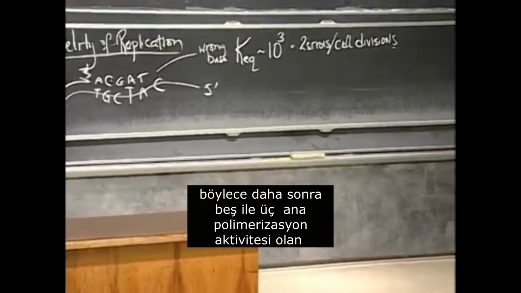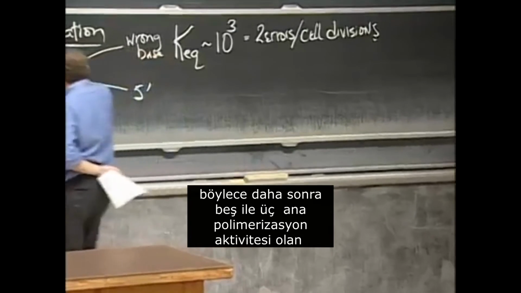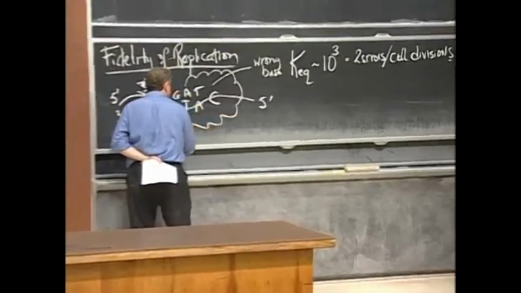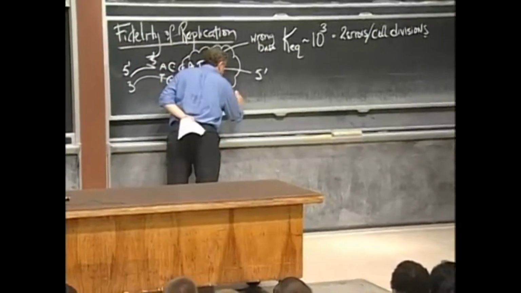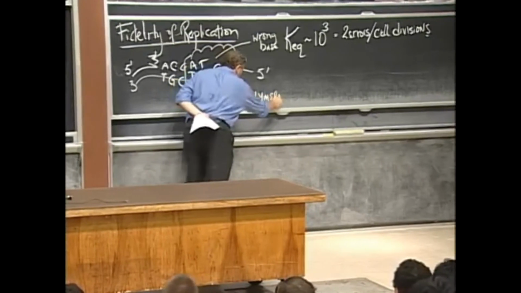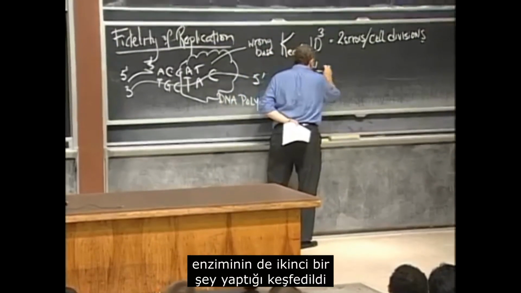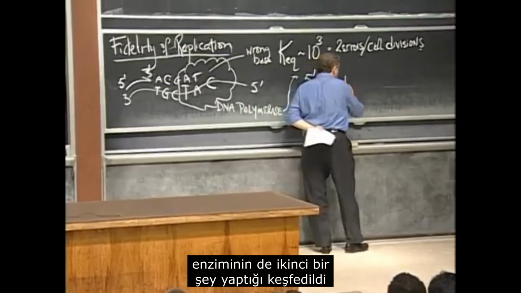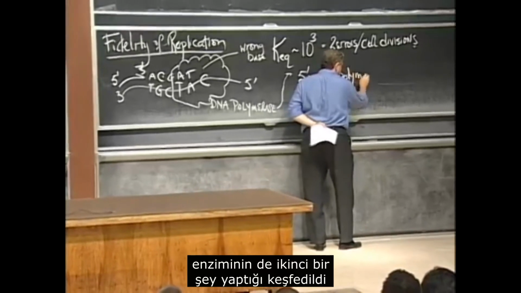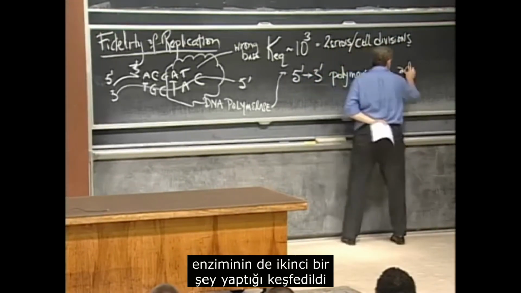So later it was discovered that the enzyme DNA polymerase, which has a 5 prime to 3 prime polymerization activity, also does a second thing.